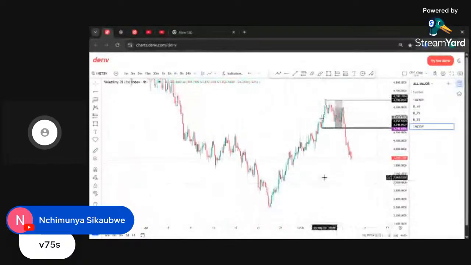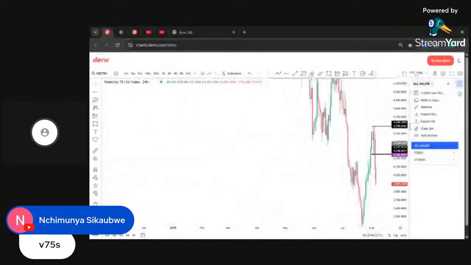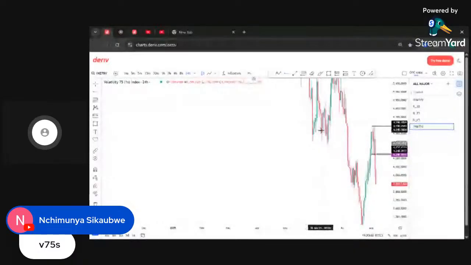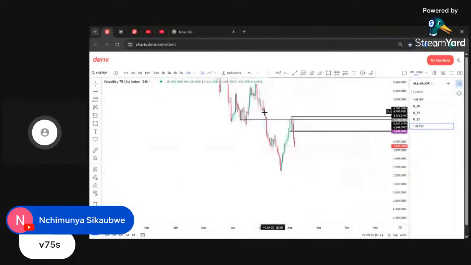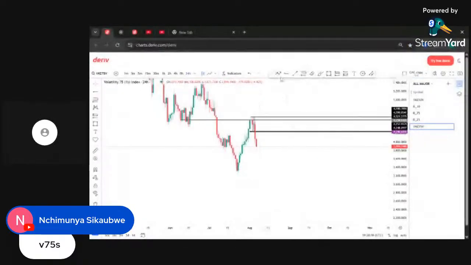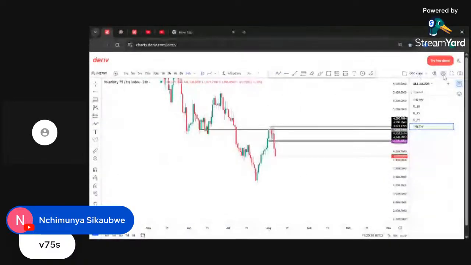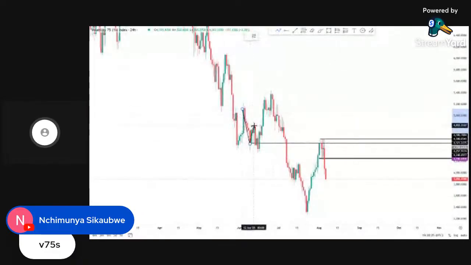But now currently, what I'm saying is that on the 24-hour time frame, there's a liquidity engineering flip that price is currently reacting from. And because of that, I'm not saying that any buy will hold again. So for now, maybe if you see a sell, you can as well take a sell.